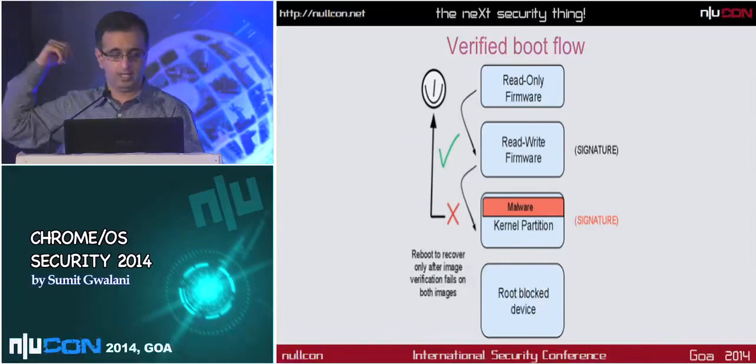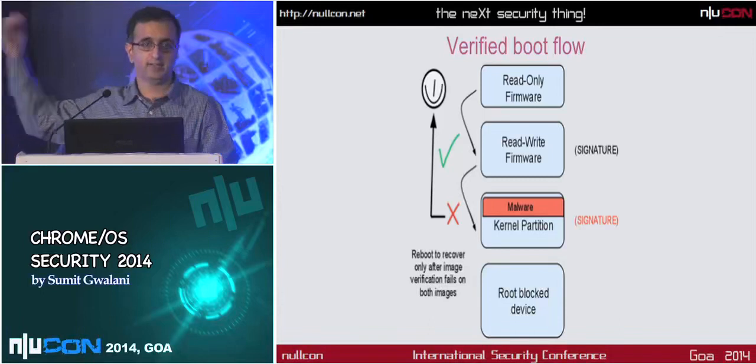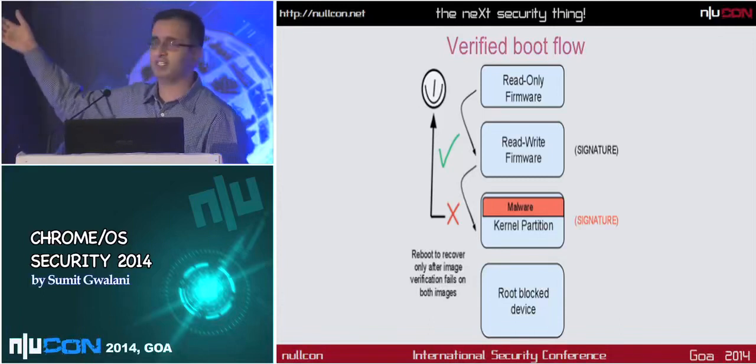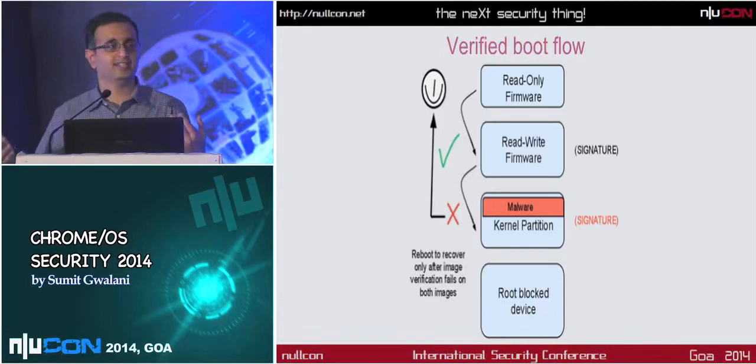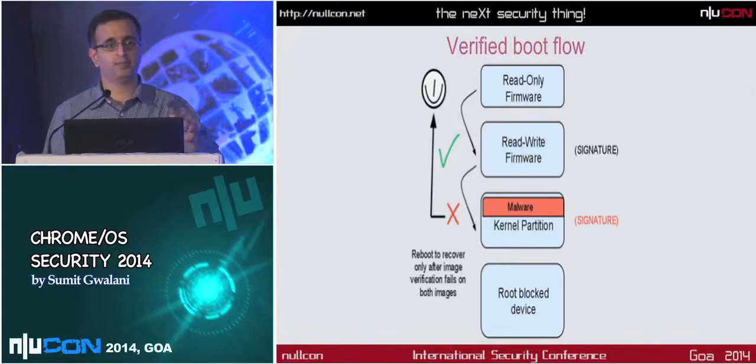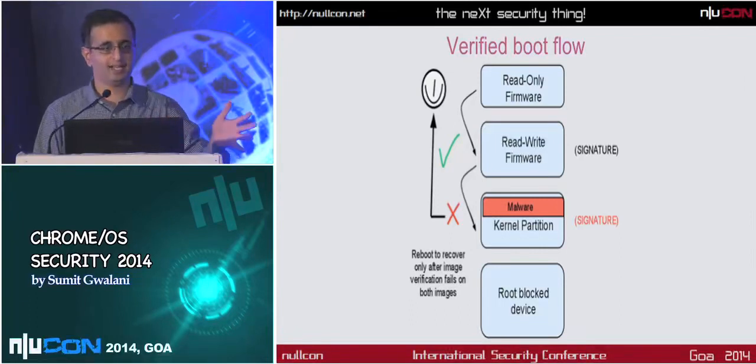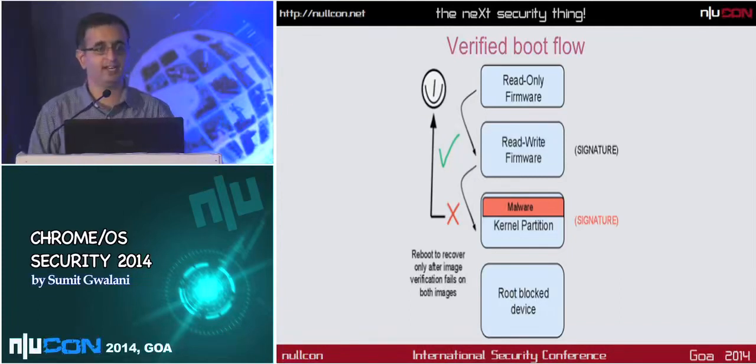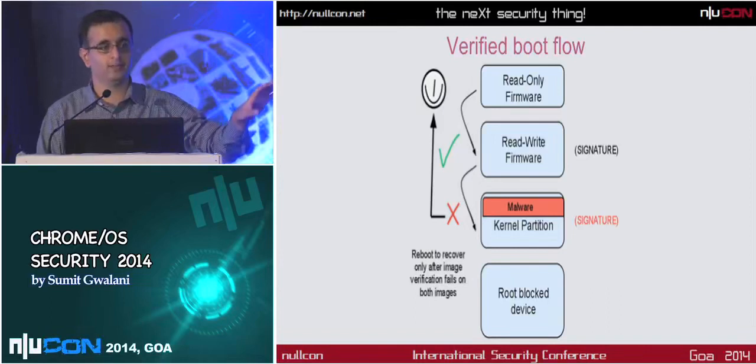In this flow, the read-only firmware will verify the read-write firmware, but when the read-write firmware checks the signature for the kernel partition, it will see that the signature doesn't match. For Chrome OS devices, we actually have two copies of the operating system on disk, so it can try the backup partition to give you some form of redundancy. But if both of them don't work, it will just not boot the device and let you do a safe recovery, directly from the read-only firmware.